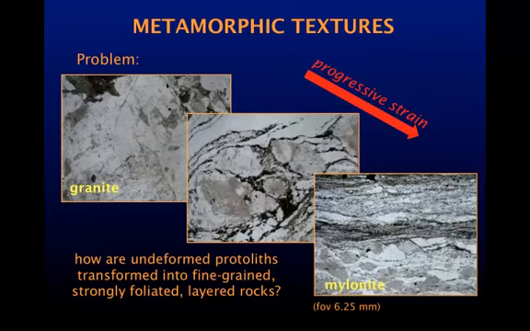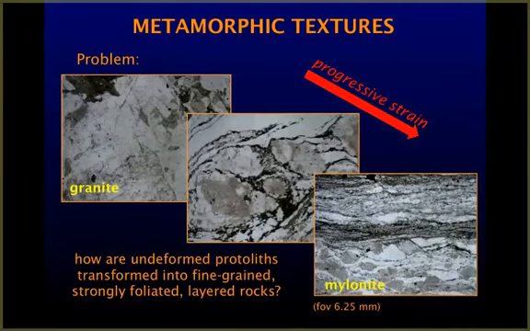And so if you start off with an undeformed granite that might look like that, and apply a stress, you will see strain show up as the development of a foliation and some recrystallization.